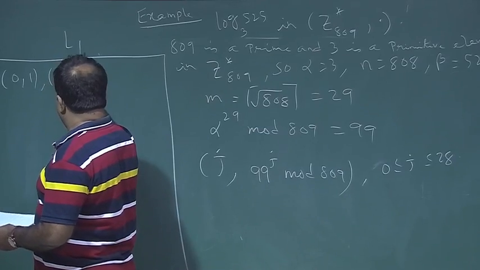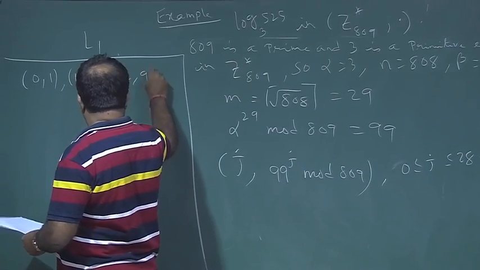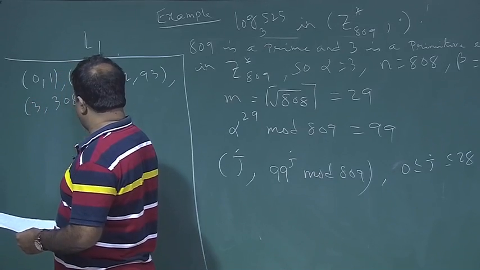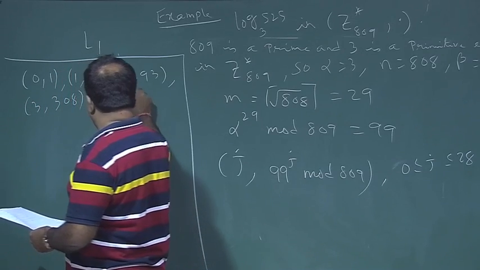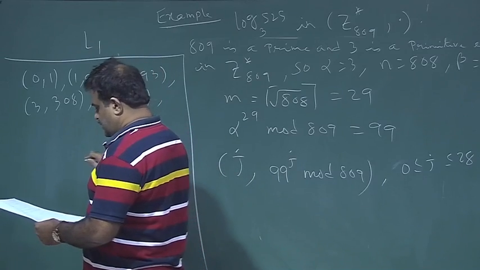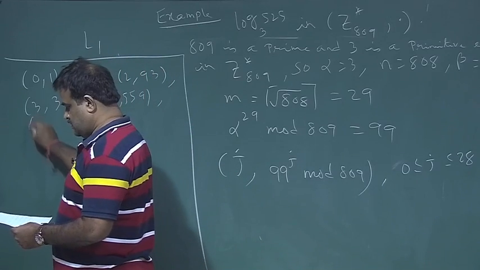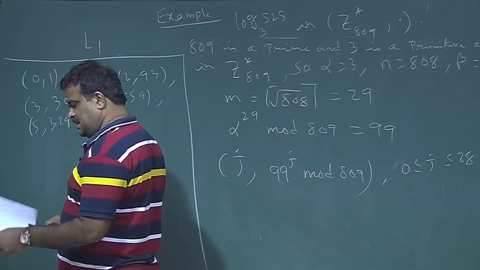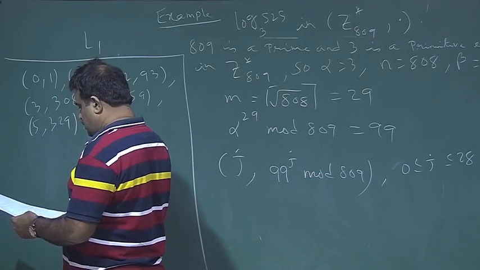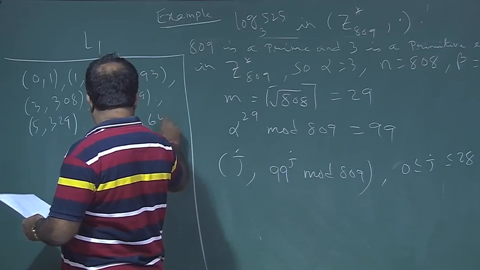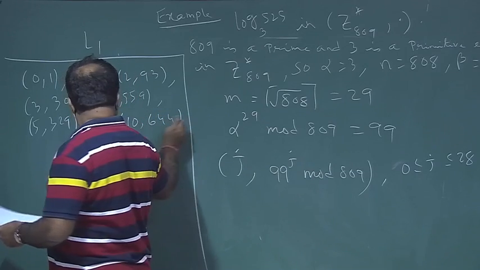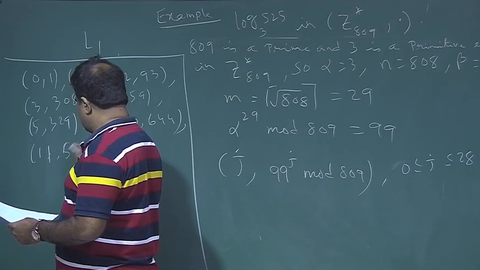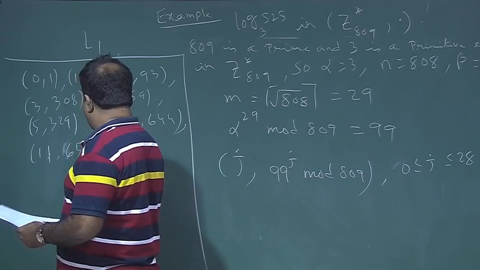So, 1 comma 99, 2 comma 293. We can just easily check this. 3 comma 308, 4 comma 559, then 5 comma 329 and so on, 10 comma 644, then 11 comma 654.